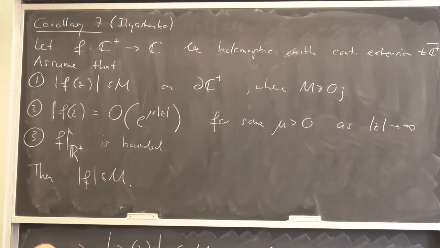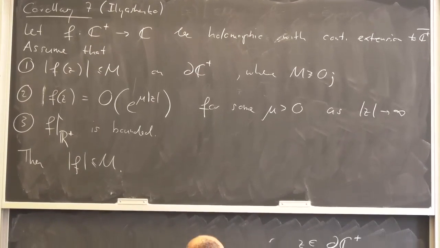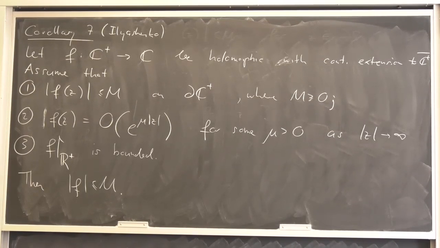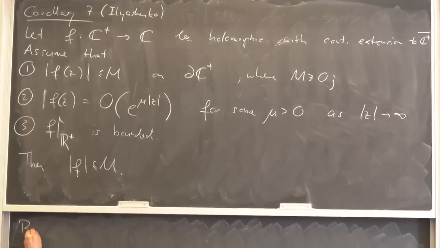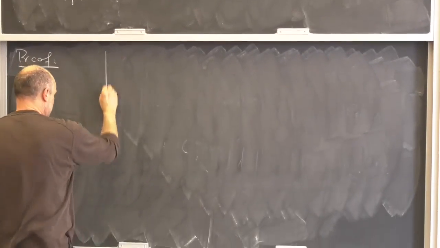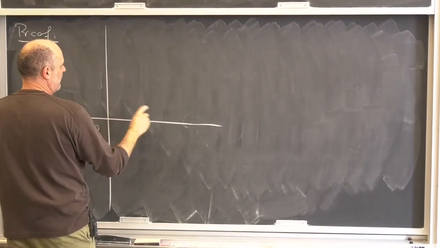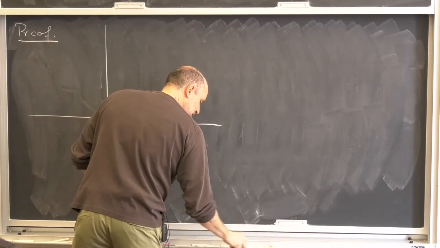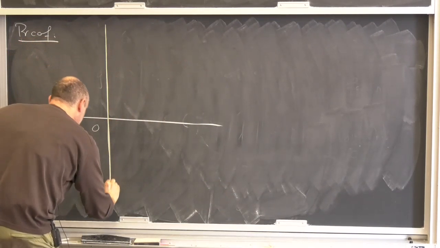I'm a little embarrassed to say that yesterday I spent probably 2 hours trying to understand this proof, when in fact, like with all these things, it really isn't that hard when you put it right. So we are talking here about the half plane. We have a function on it, and we have our desired bound on the imaginary axis.